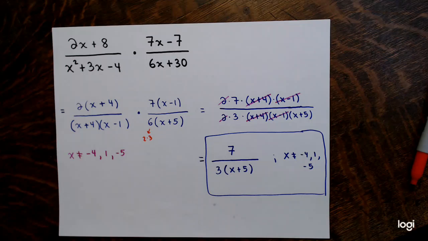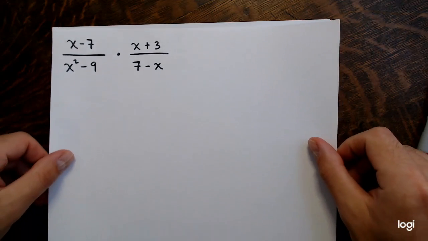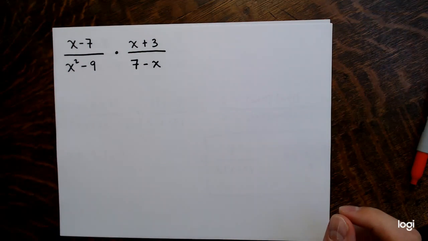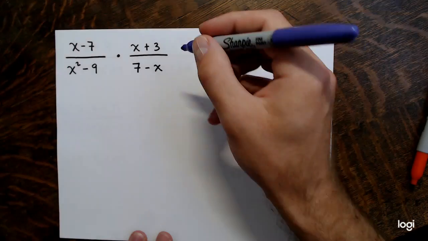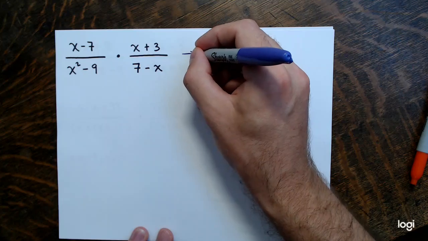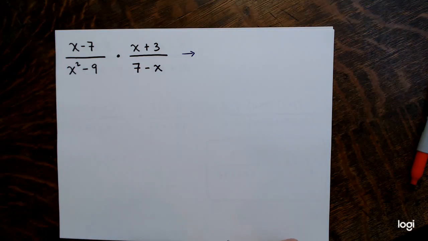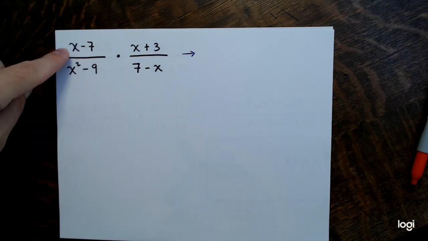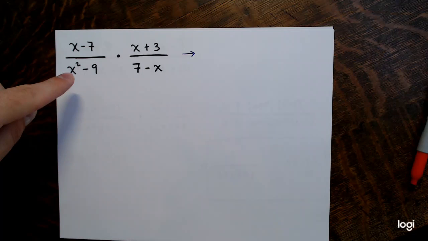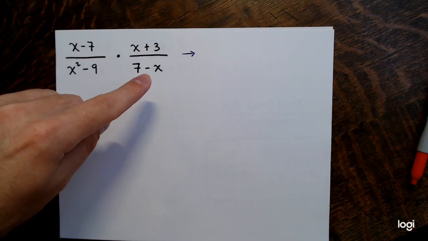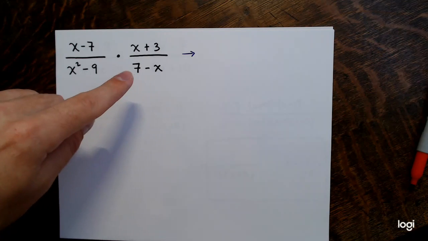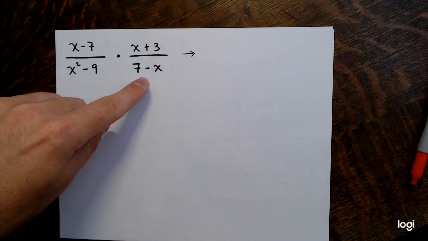Alright, so again, simplify, multiply and simplify these two fractions. Now here, this is one of those where I look at all the polynomials in the numerator and denominators of these fractions. This is in descending order, where you have highest power of x first and then it goes lower. Then here this is in descending order. But this one, 7 minus x, is not in descending order.